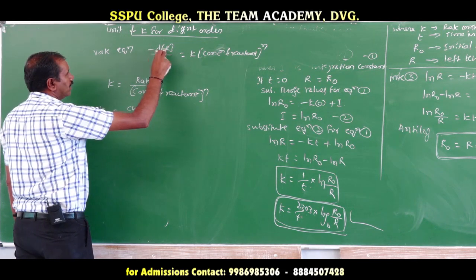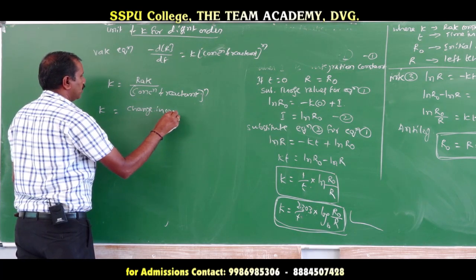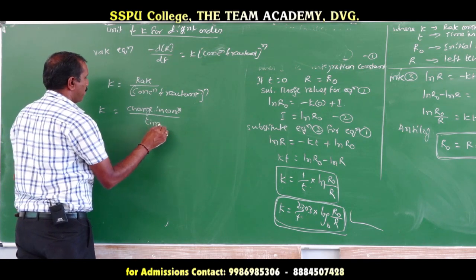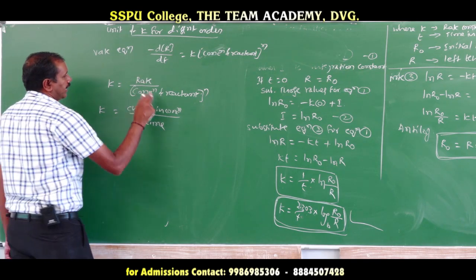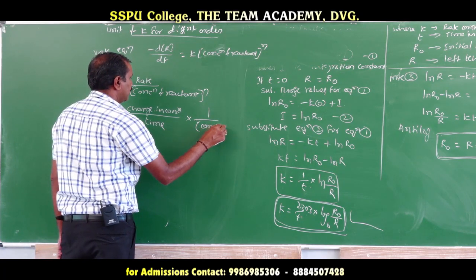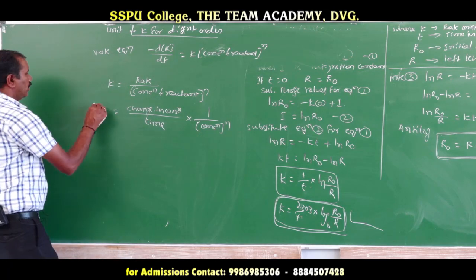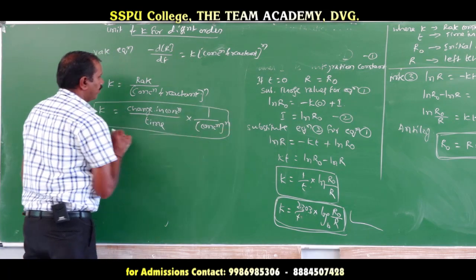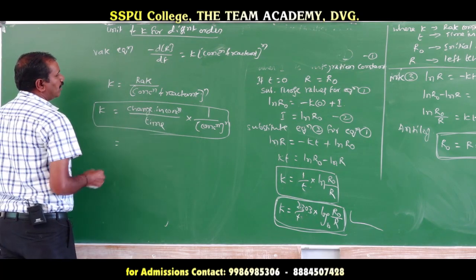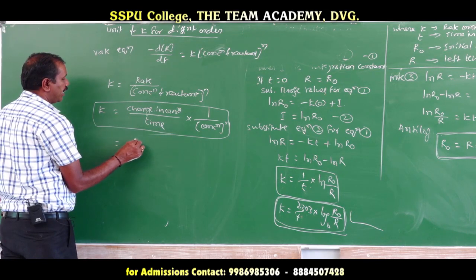Rate means change in concentration per time interval: change in concentration, molar concentration, divided by time t, into 1 by concentration of reactant to the power n. So this is the value of what? K. The rate is the change in concentration of the reactant.